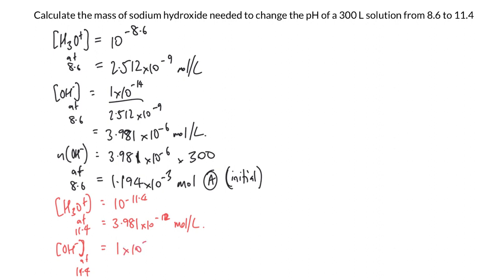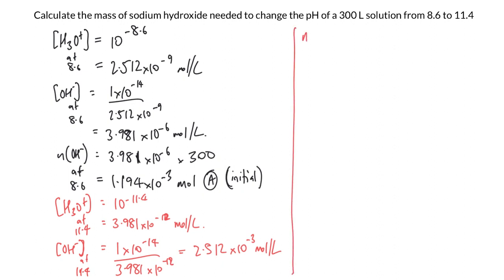I can work out the concentration of OH minus at 11.4, which will be equal to 1 times 10 to the negative 14 over that number, which happens to be 2.512 times 10 to the negative 3 moles per liter. That's the concentration of OH minus at 11.4, and then I can work out the number of moles of OH minus at 11.4.